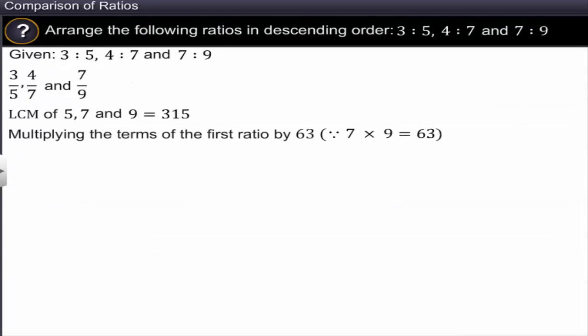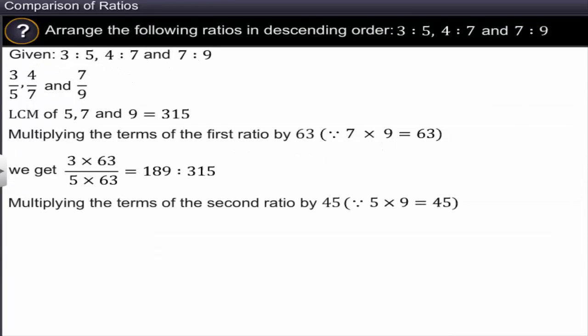Multiply the antecedent and the consequent of the first ratio by 63. We get 63 by multiplying the two other consequents from the three for which we found the LCM. We get 189 is to 315.